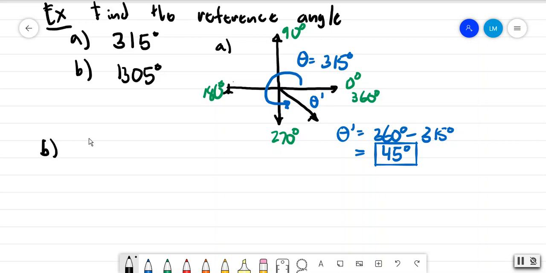So if we take that theta is 1305, all that we need to do is rewrite it in the manner of 360 times n plus some unknown measure, which unfortunately is where the notation can get kind of confusing. But we don't need to think of it like that.